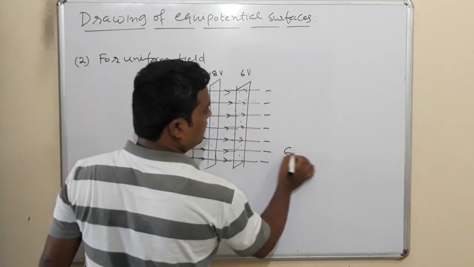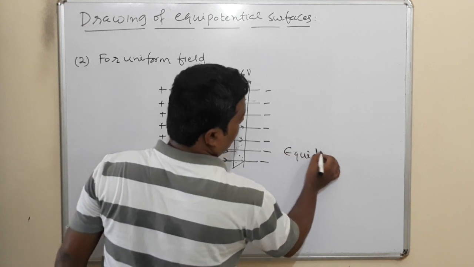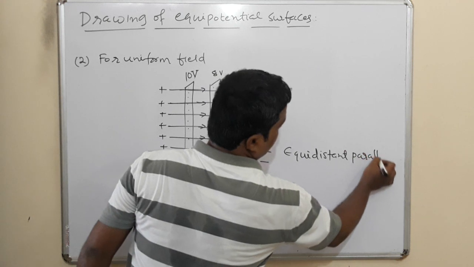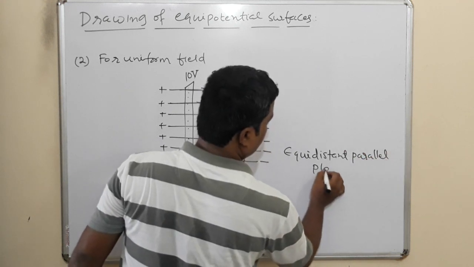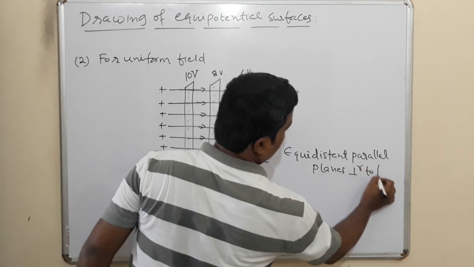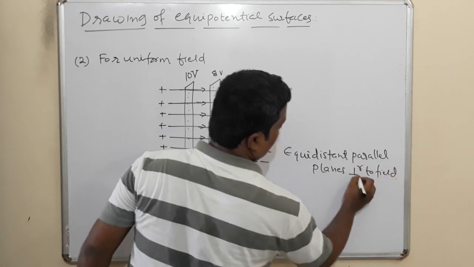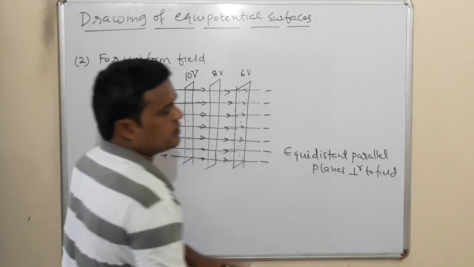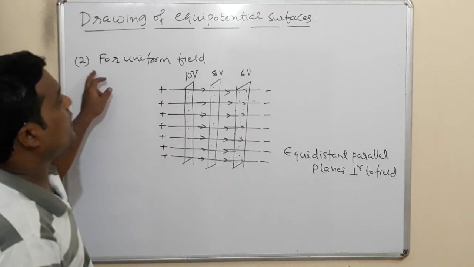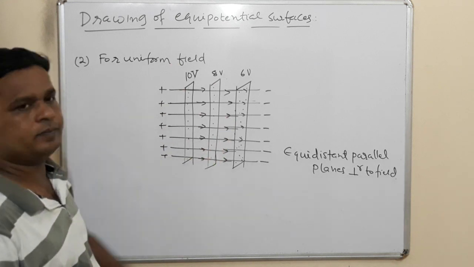These are equidistant parallel planes perpendicular to the field. This is for a uniform field between two plates.